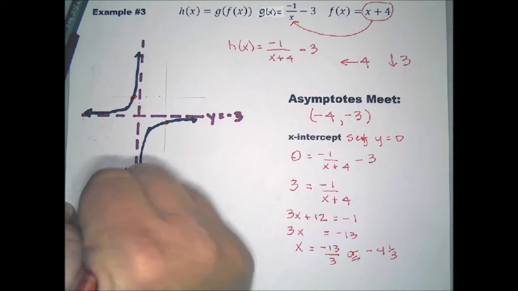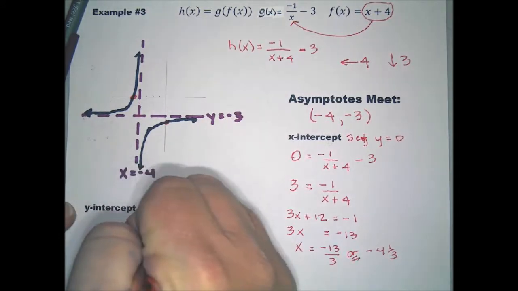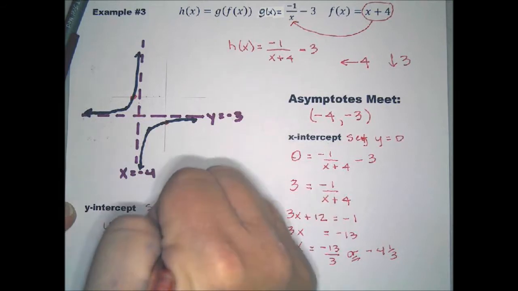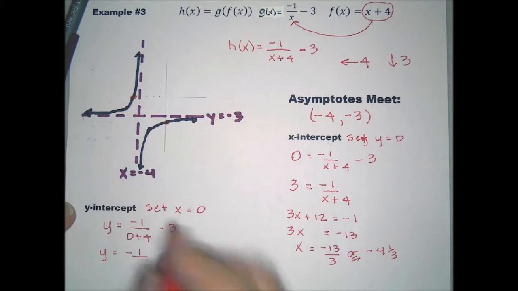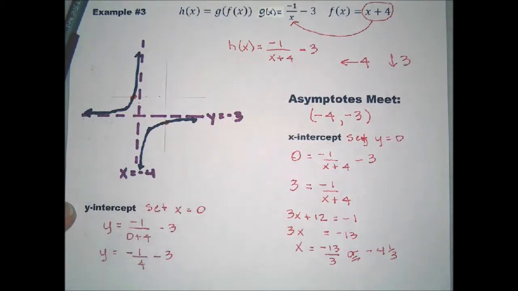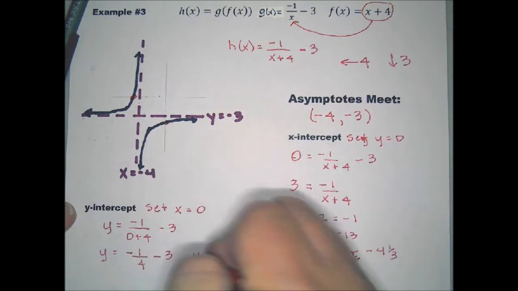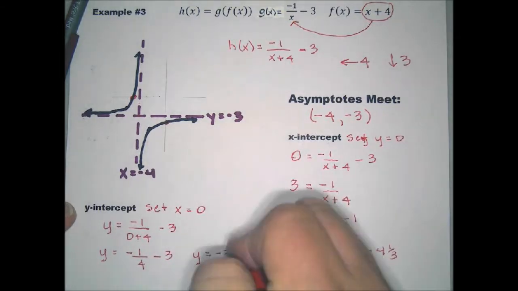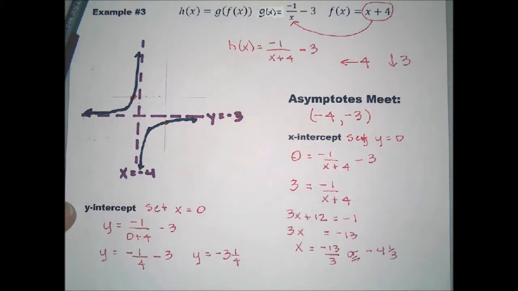So y equals negative 1 over 0 plus 4 minus 3. So y equals negative 1/4 minus 3, which equals negative 3 1/4. So that's my y-intercept.